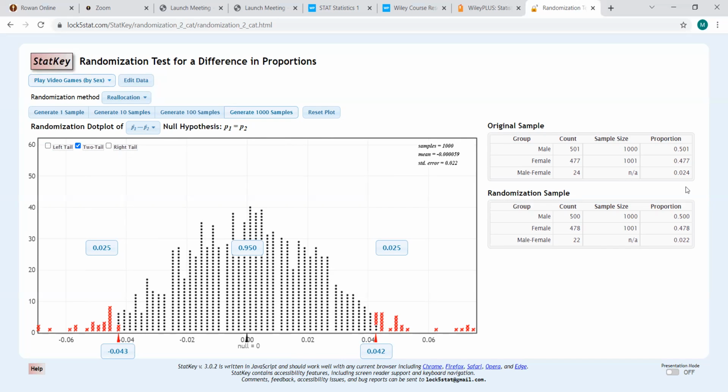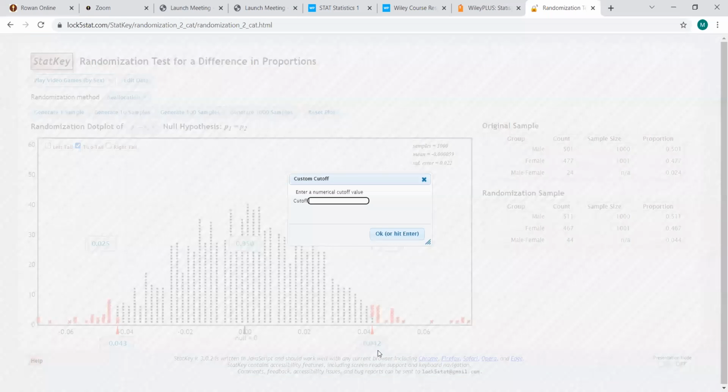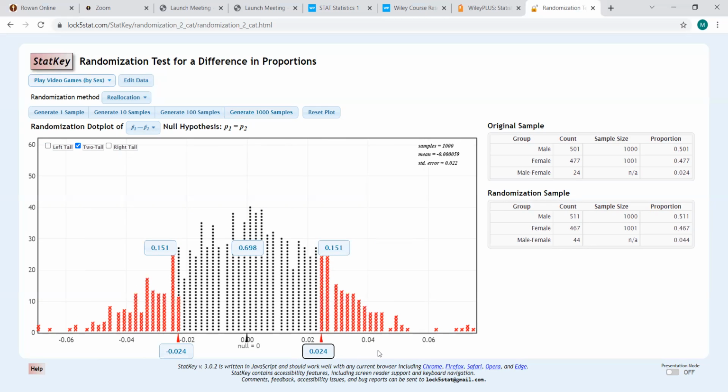Now, because the difference in males and females is 0.024, we want to change the positive one. See, there's a negative number here and a positive number for two different tails. Notice two tails now have red in them. This is a two-tailed test. We'll change the positive one to 0.024. Right? And now, when we look up above, we see 0.151 here, we see 0.151 here.